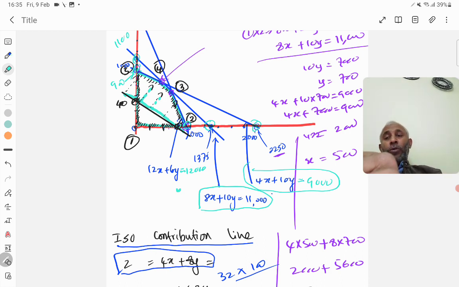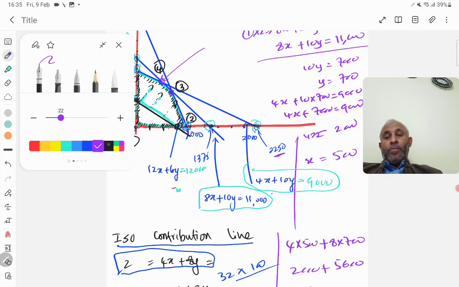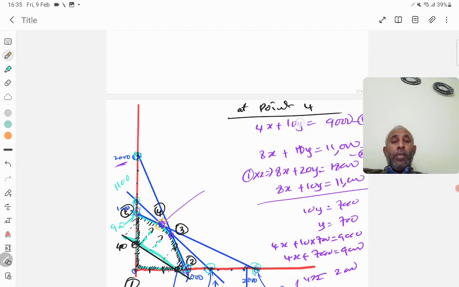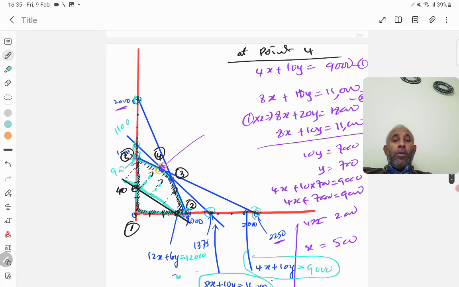If you really do that, the answer will be at point 4. So point 4 will be the optimum solution, and at point 4 we need to use simultaneous equations to resolve the problem. So we take these two equations, based on these two lines.